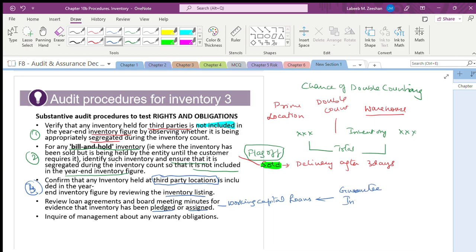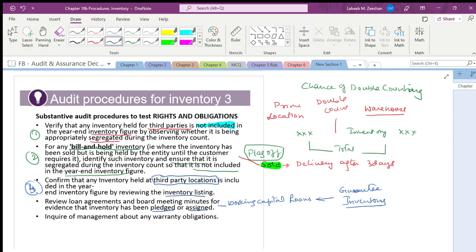The guarantee they give is inventory. They will pledge it. Pledge means, very simply, I give my asset, and against the asset you give me the financial resources.